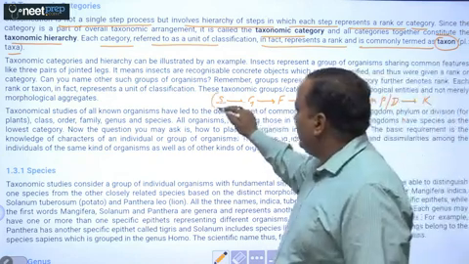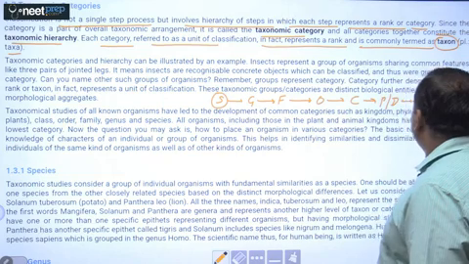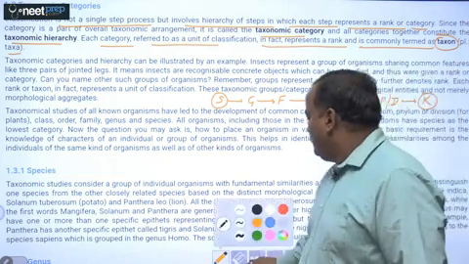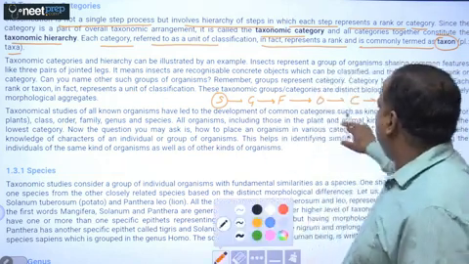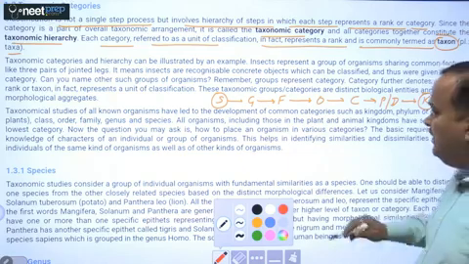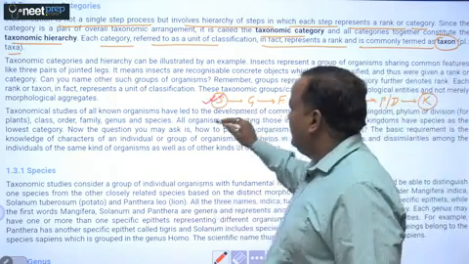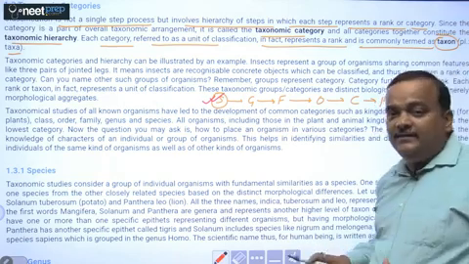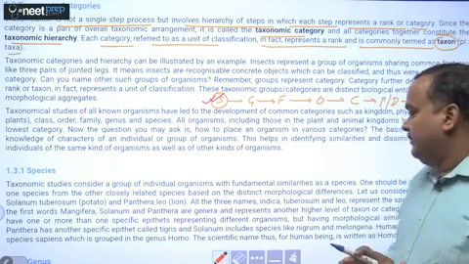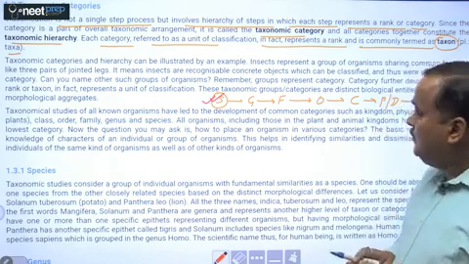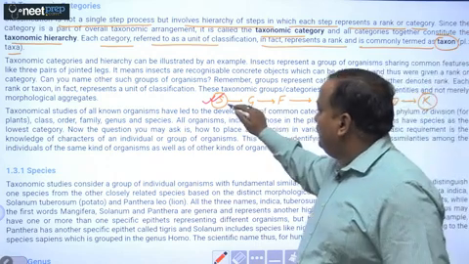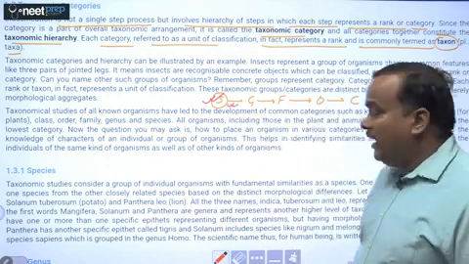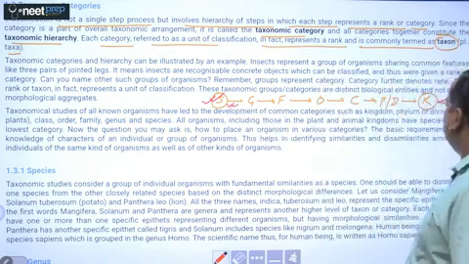Species is the lowest category and kingdom is the highest category. What you will observe is that out of these 7 obligate categories, only species have real existence. The rest are categories created for the convenience of study. Maximum number of common characters you will find at the level of species and minimum number of common characters at the level of kingdom.